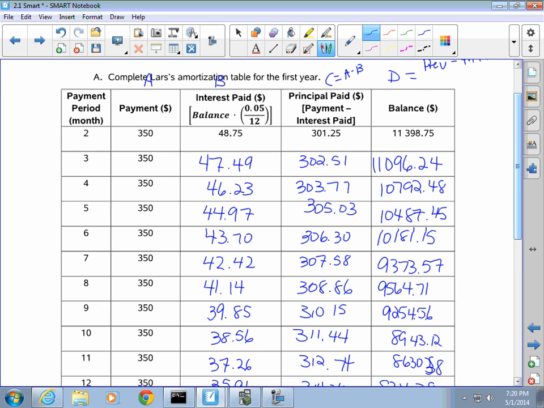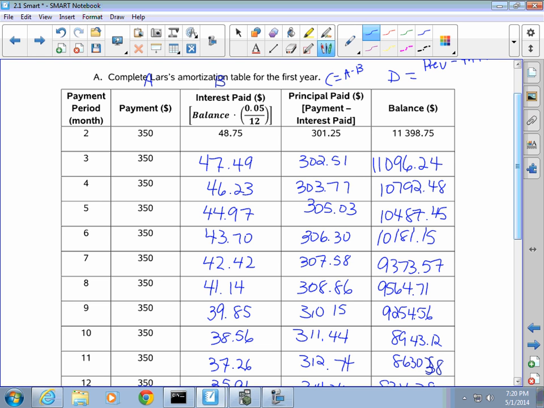So for month 3, I take my 11,398.75, multiply it by 0.05 divided by 12 to get 47.49. My principal that I pay then is my payment of 350 minus the interest paid, which was 47.49. So that leaves you with 302.51.